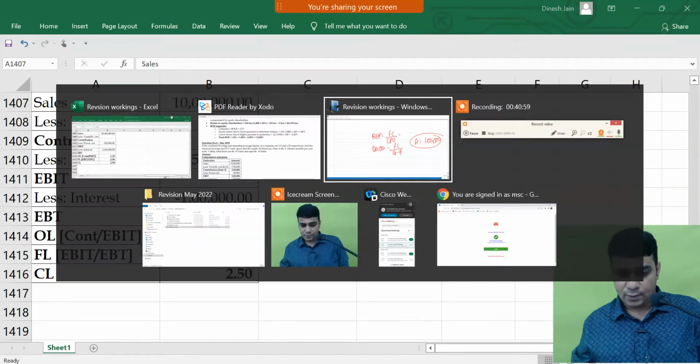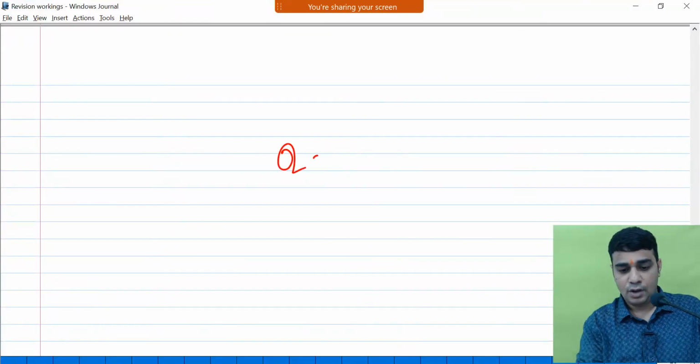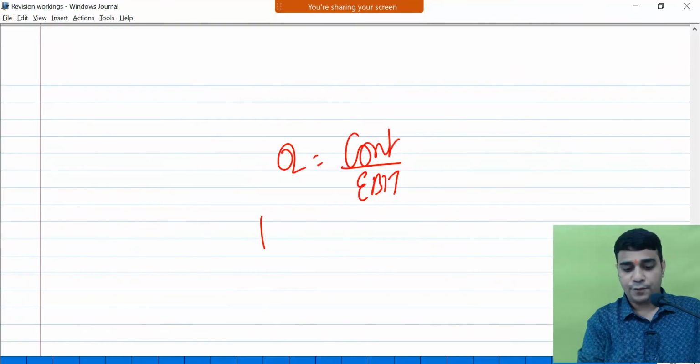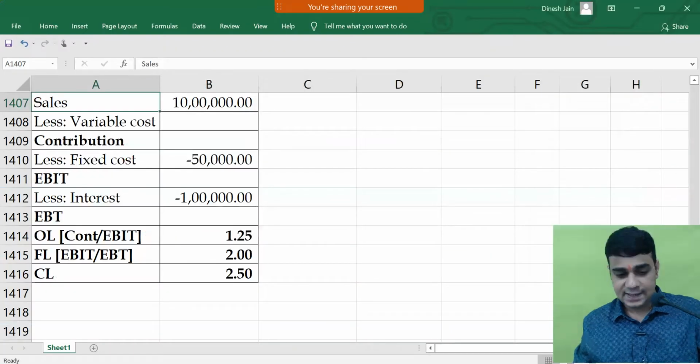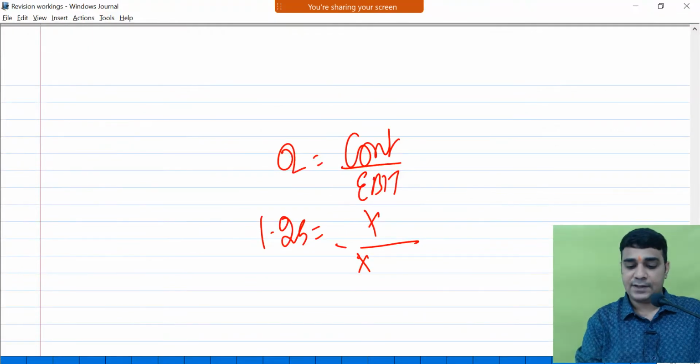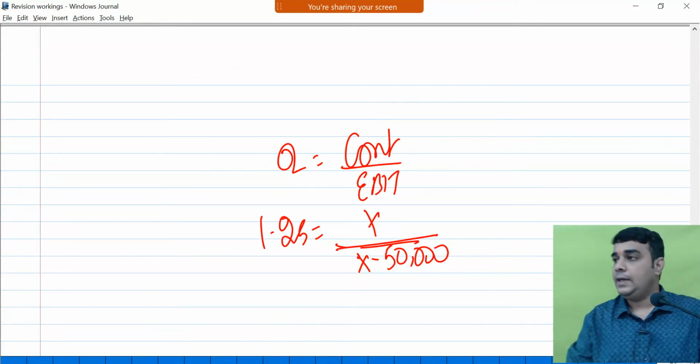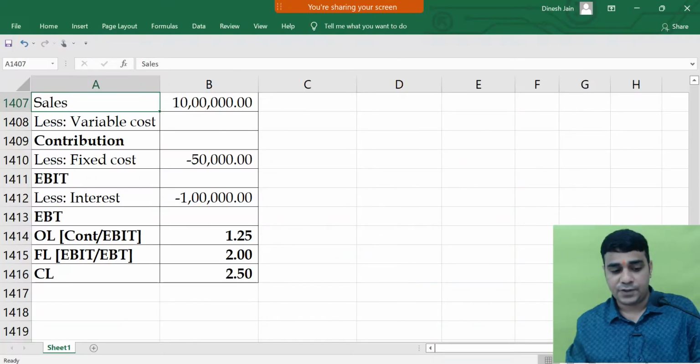So, OL is equal to contribution by EBIT. OL which we have is 1.25, contribution is X, EBIT is X minus 50,000, since your fixed cost was 50,000.